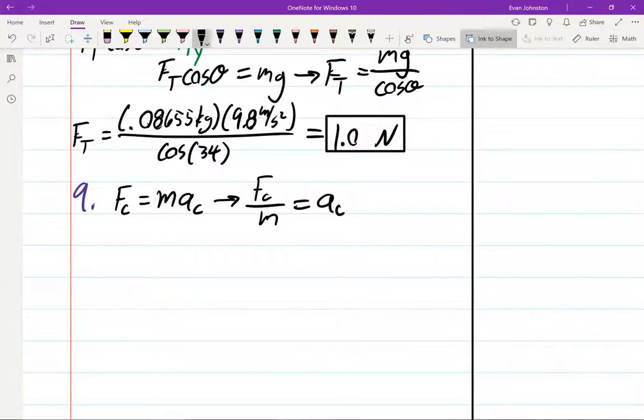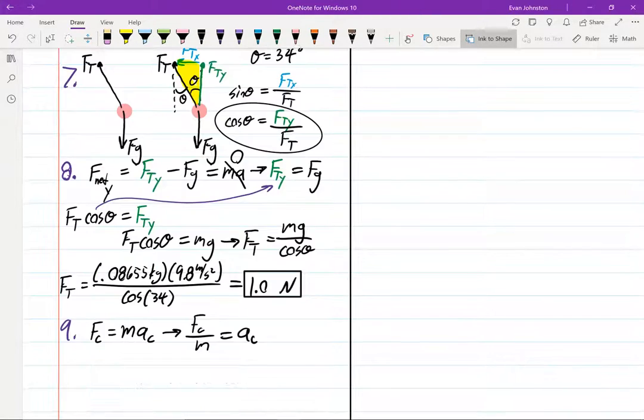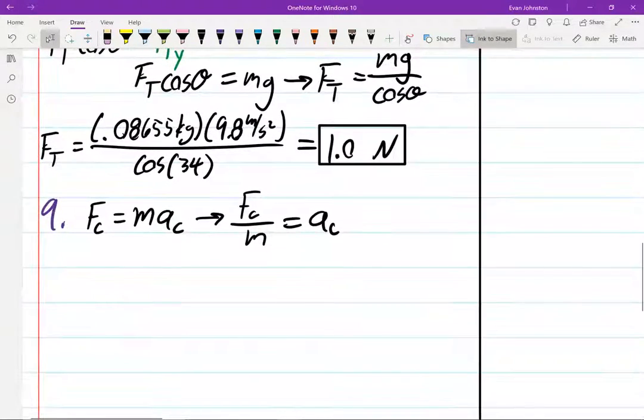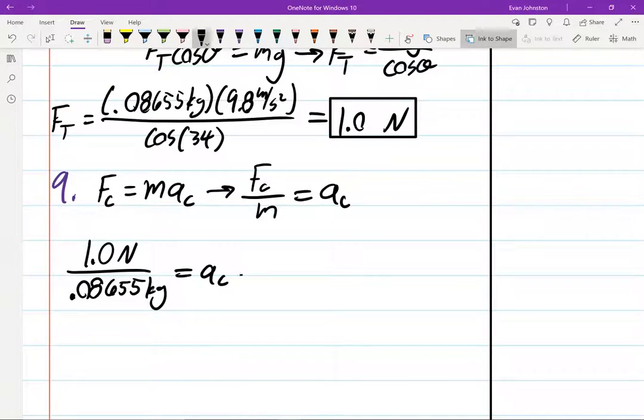But what is the centripetal force? It's the force keeping it going in the circle. In our case, tension is the thing acting towards the center of the circle. So all we have to do is plug in 1 for our centripetal force, which is pretty beautiful that it worked out this way. So we plug in 1 newton divided by this mass of 0.08655 kilograms, which gives us our centripetal acceleration.